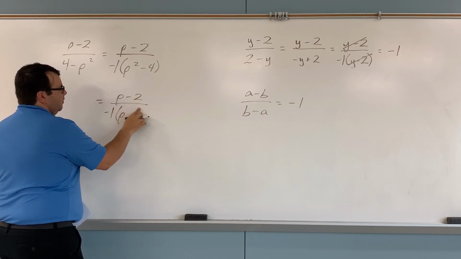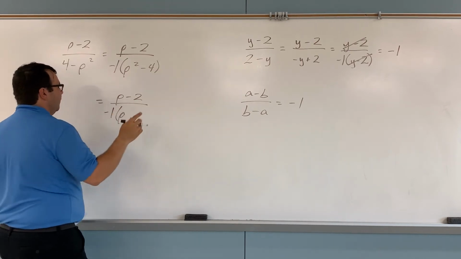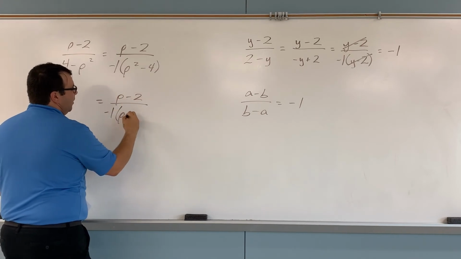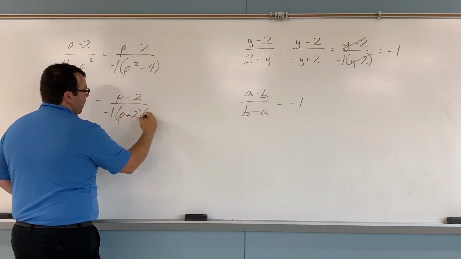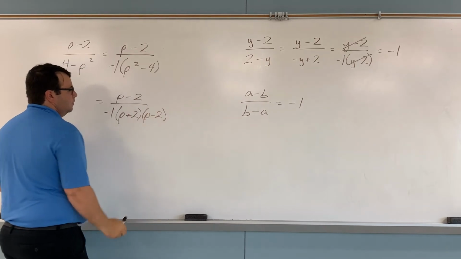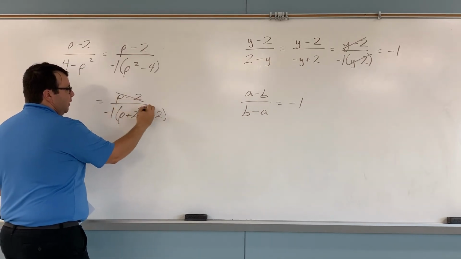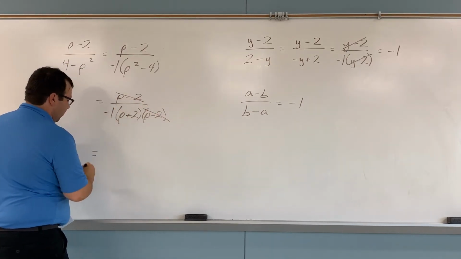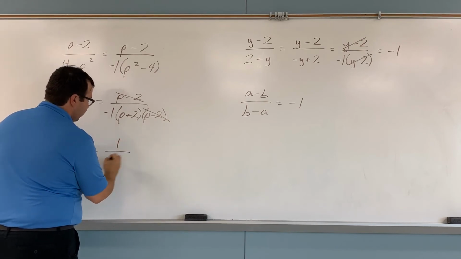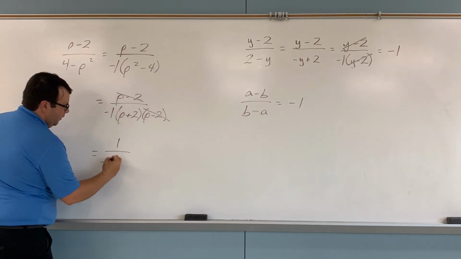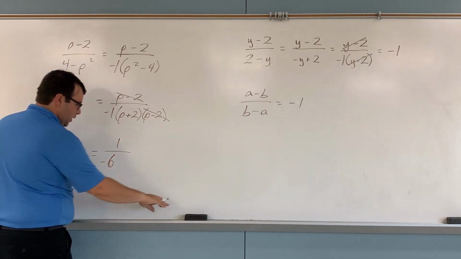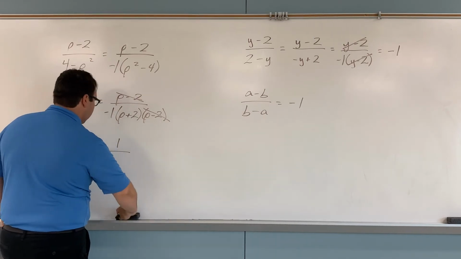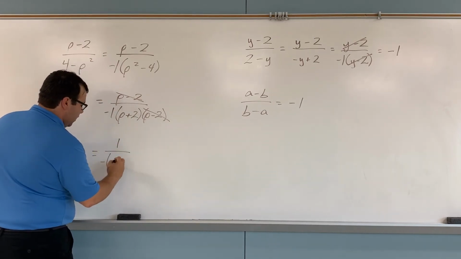I'm factoring. I was rewriting my problem. I'm factoring my p squared minus 4. That's p plus 2, p minus 2. I can cancel p minus 2 out. I'm left with 1 over my negative. That is not a 6. I don't know what I was just writing there.